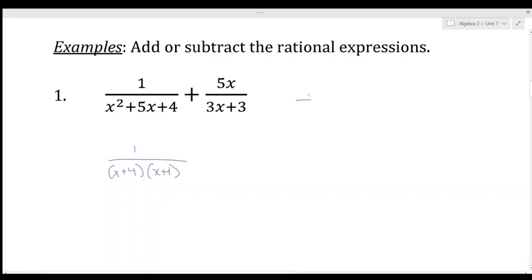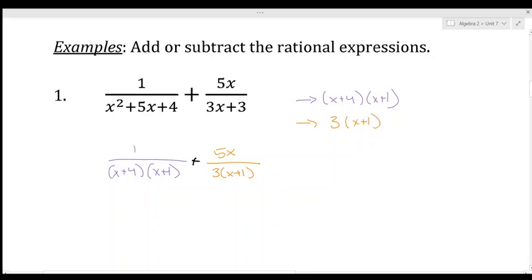And I'm just going to write these factors over here on the side. So we got x plus 4, and we got x plus 1. Now I'm going to factor the second fraction. So we have 5x over, they have a GCF of 3, so we have 3 times x plus 1. I'm going to write this on the side.